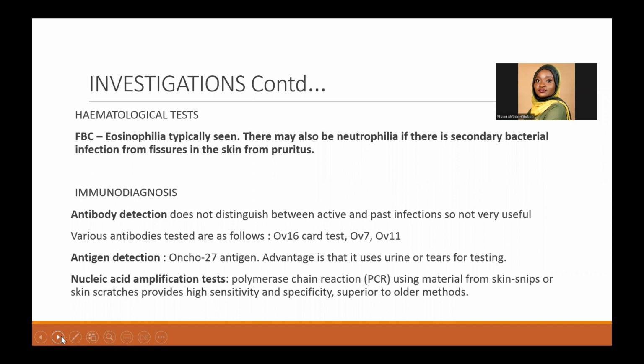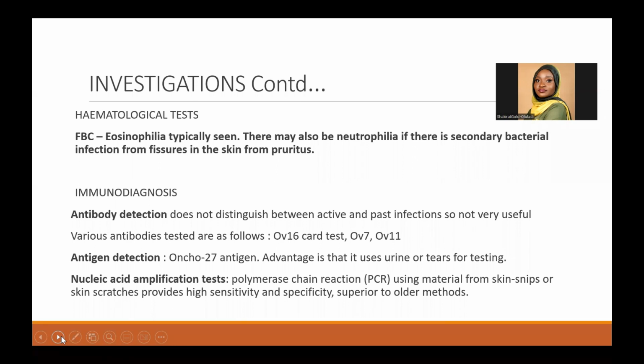The antibody test, there are various antibodies, but since they do not distinguish between active and past infection, they are not very useful. Then there's an antigen test, which is being developed. This may become useful in the rural setting because it will be like a point of care test, like a kit where you can put urine or tears, and the onchocerca antigen can be tested, whether it's positive or not.